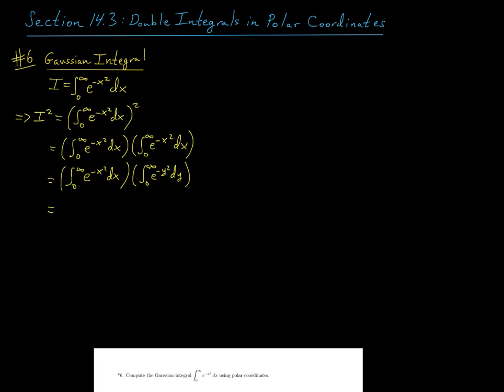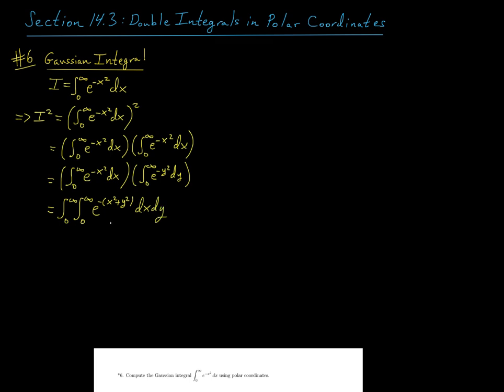Well, I have the product of two single variable integrals, so now what I'm going to do is put them together as an iterated integral. And here, these exponential terms will multiply. By properties of exponents, I'm just going to add these exponents, and I'll go ahead and factor out the negative. So we now arrive here.